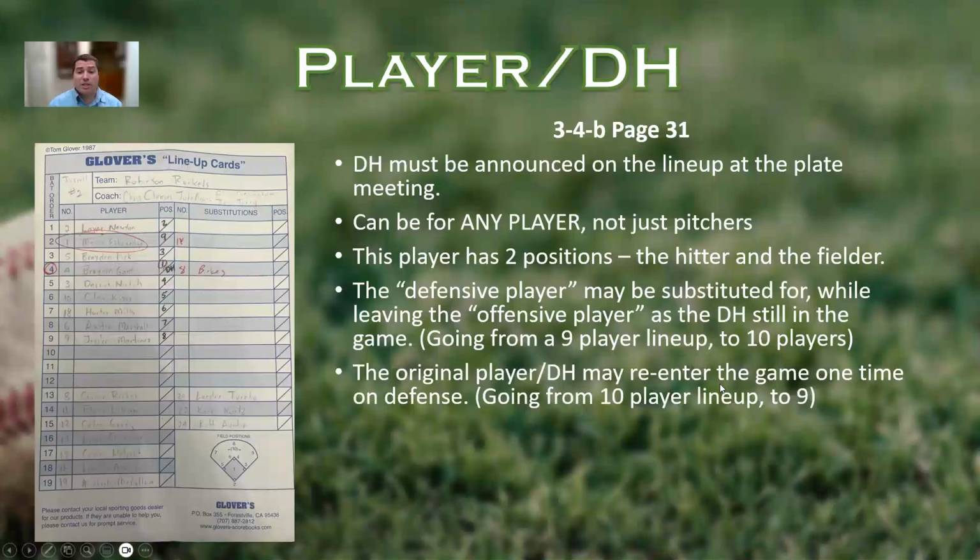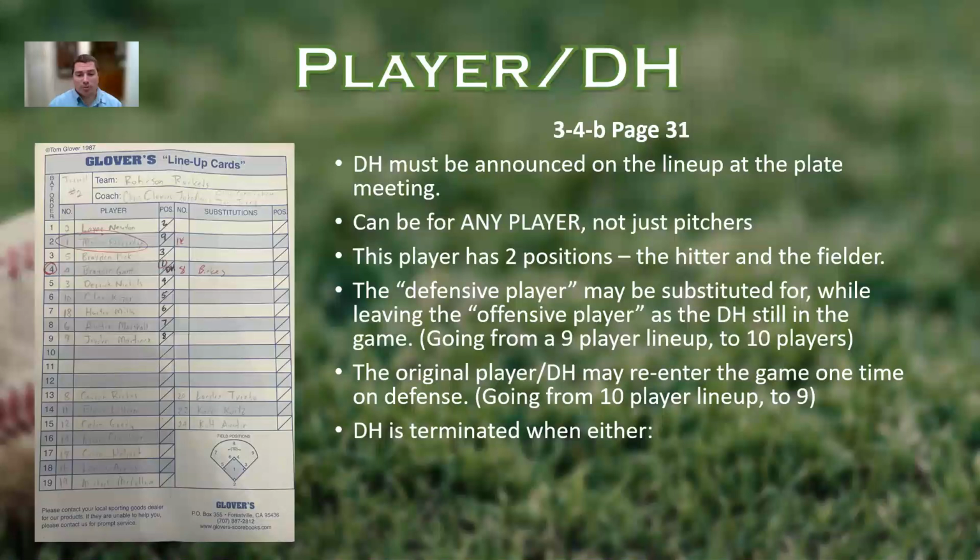The original player DH may re-enter the game 1 time on defense. So if Gant wants to now enter the game on defense again, that's a re-entry as a starter, because he started the game on defense. He's re-entering, but that is his 1 time that he's allowed that, okay, as a part of the re-entry rule. And this is where it gets a little confusing.